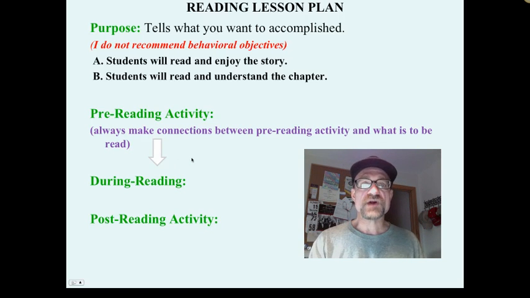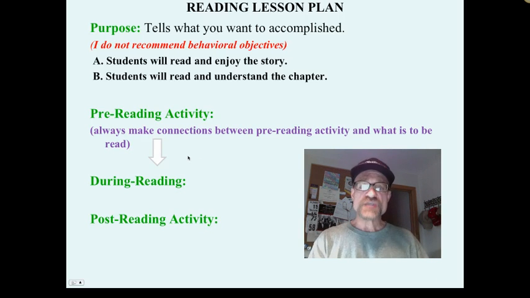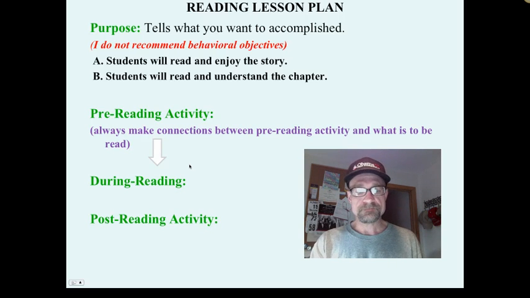If it were a story about frogs, I was teaching just a little mini frog lesson to get them ready. I would say, okay, in the chapter today, you will be learning 3 things about frogs. Read to see if you can find out what that is.